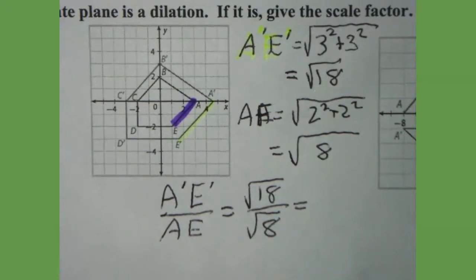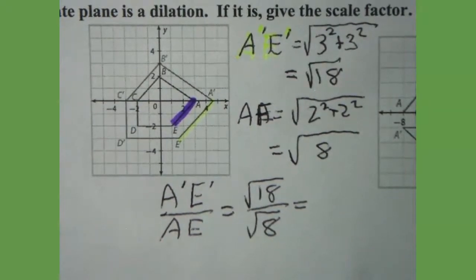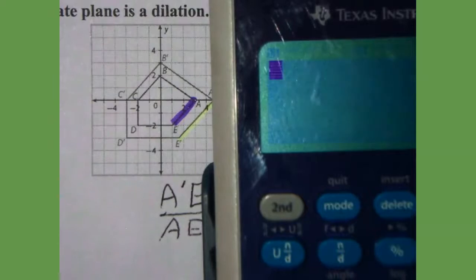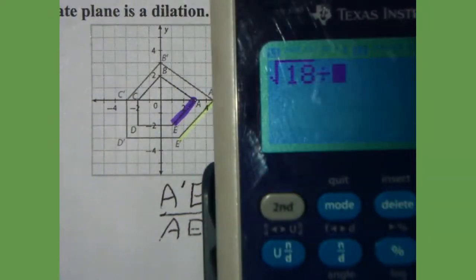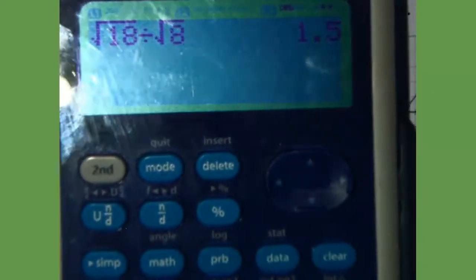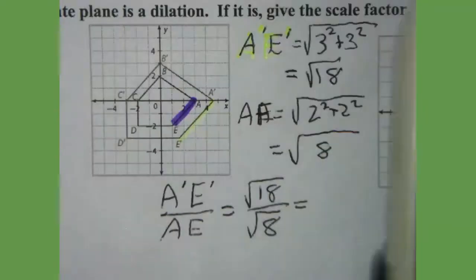So at this point, you might want to have a calculator, that can give you that answer. Root 18 divided by root 8 is 1.5. Exactly. Okay.